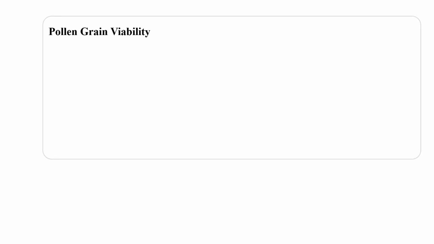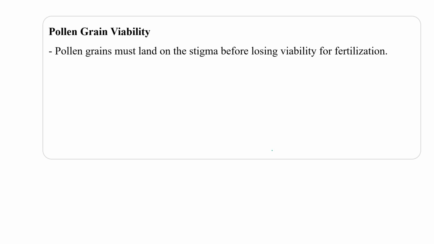Now let's discuss the viability issue of these pollen grains. As you know, pollen grain must land on the stigma for fertilization. But at the time when it lands on the stigma, it must be in its viable form, before losing viability.